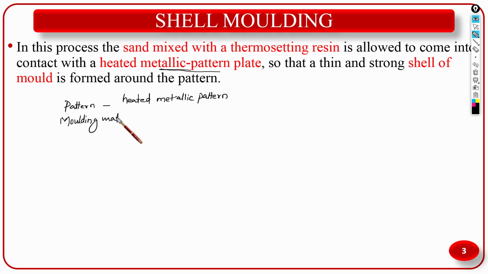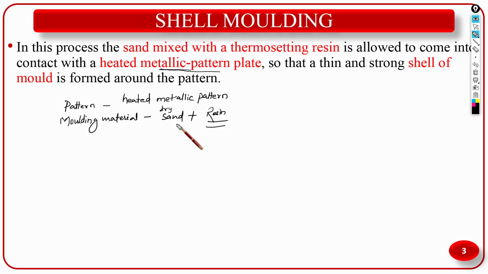So what is that molding material? It is sand mixed with a thermosetting resin. So there will be sand plus resin, and that is thermosetting resin. This is dry sand actually. So how will there be binding? This resin is the binding agent. When this resin comes in contact with the pattern, it gets heated and mixes with the dry sand, and after that it gets solidified.